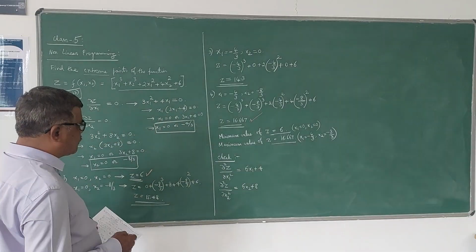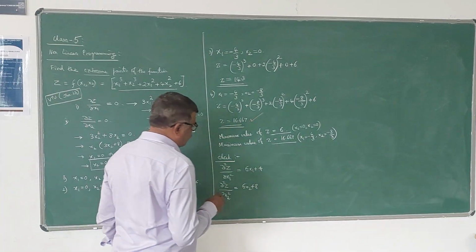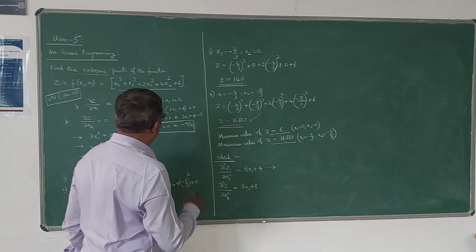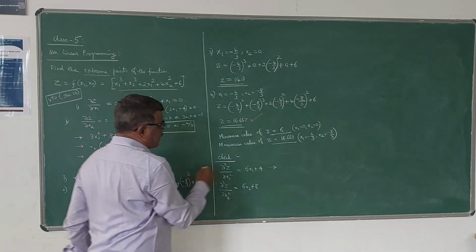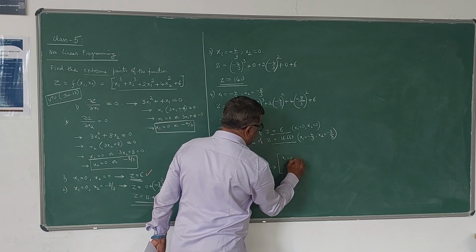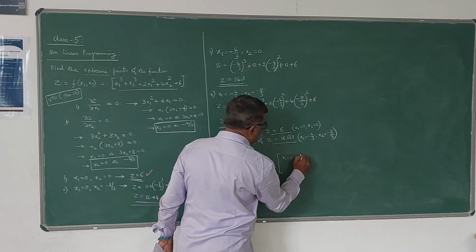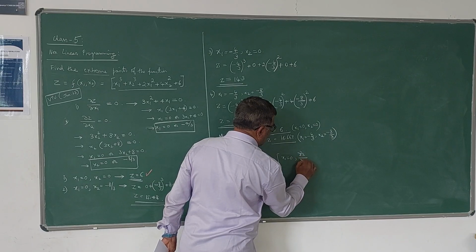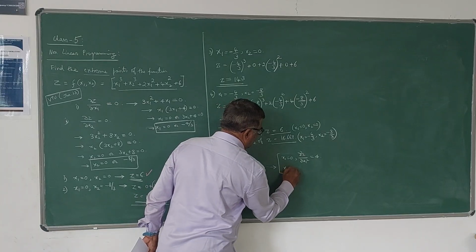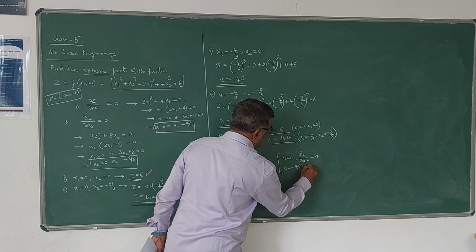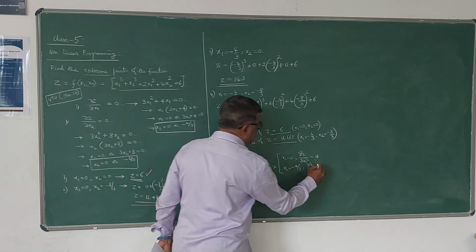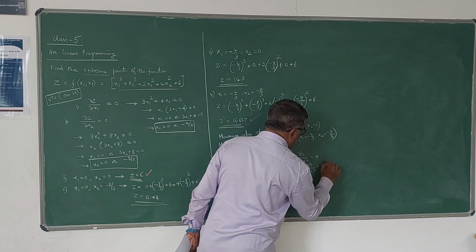Now let us substitute the values of x1 and x2 in this. We have got two values of x1, one is 0, another is minus 4 by 3. So we will get two values here also. If x1 is 0, dou square z by dou x1 square will be 4. If x1 is minus 4 by 3, then dou square z by dou x1 square will be 6 into minus 4 by 3 plus 4.